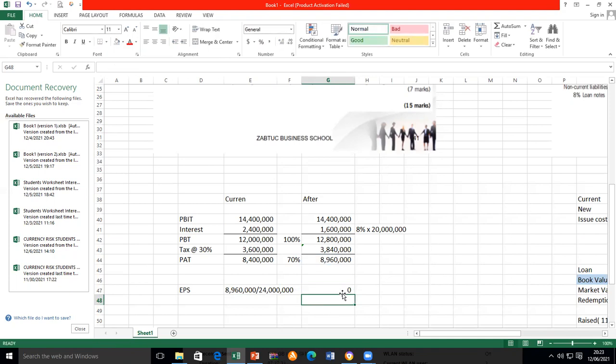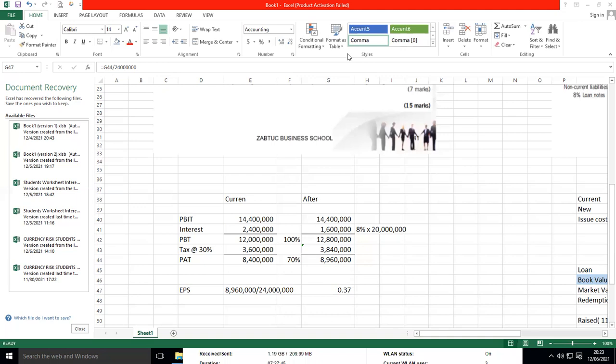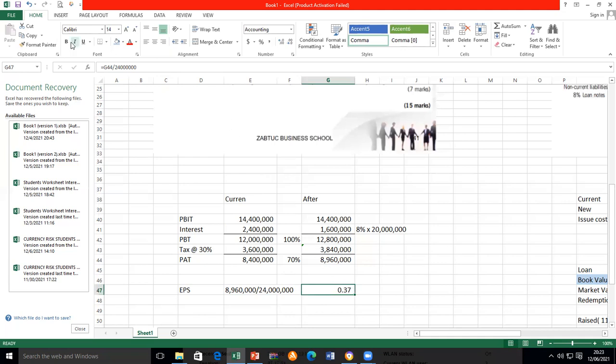Earnings per share. 37.3. This is my earnings per share. So after we've paid off a loan, our earnings per share will be 0.37.